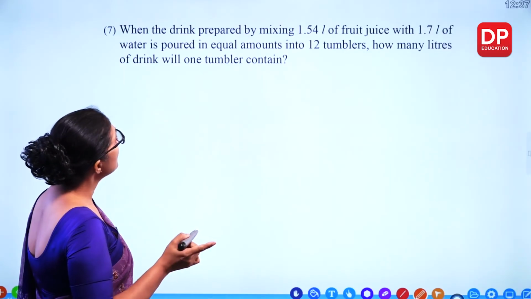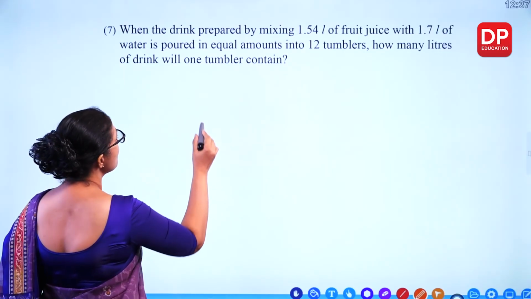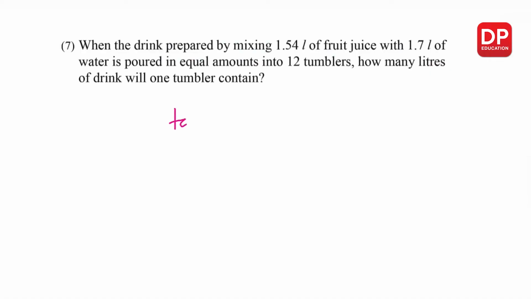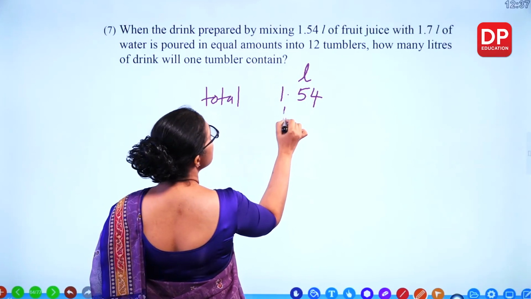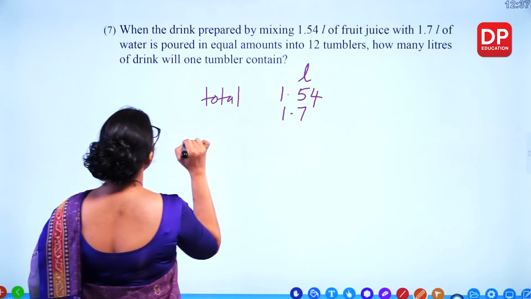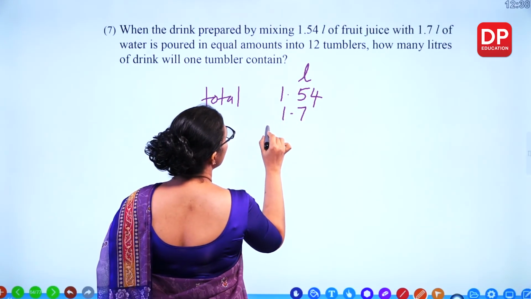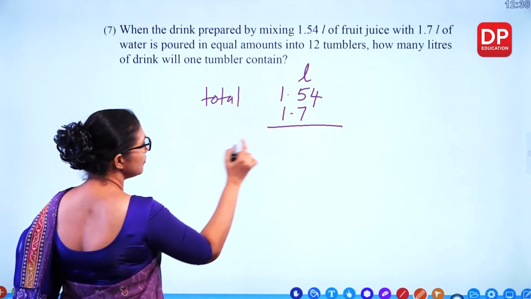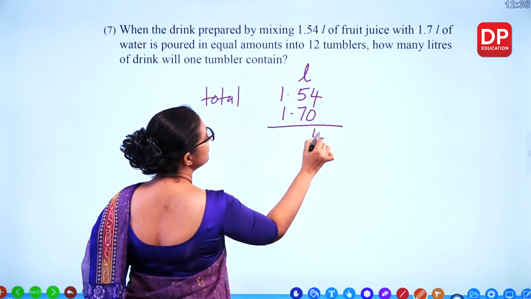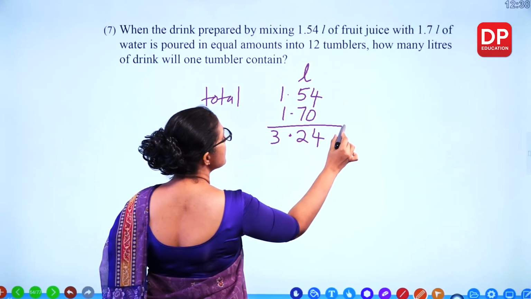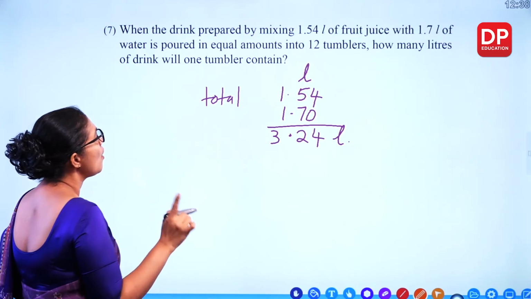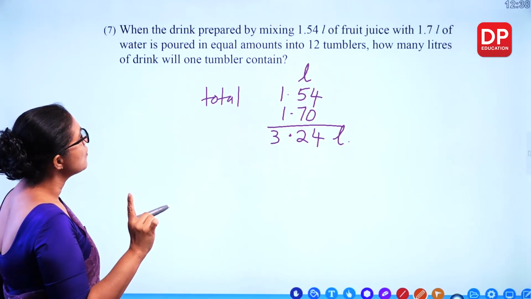So first you have to find the total amount. 1.54 fruit juice and 1.7 of water. Add it together. You get 3.24 liters altogether.